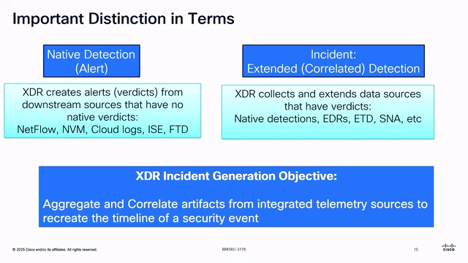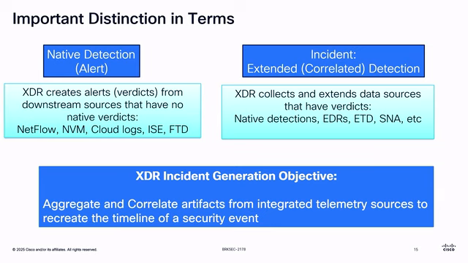On the other hand, the native detections are the detection system creating verdicts out of the data that comes in. I listed examples of the different types of things. An incident is largely made up of outputs of the native detection engine, and data from things like integrated EDRs, email threat defense, SNA, et cetera, whereas a native detection is one in which we have taken in telemetry without verdicts and created a verdict using analytics.